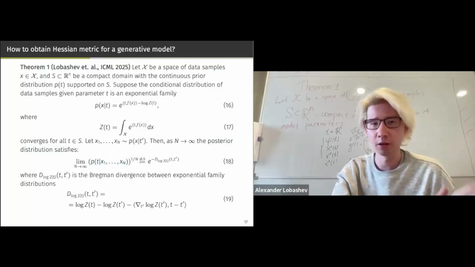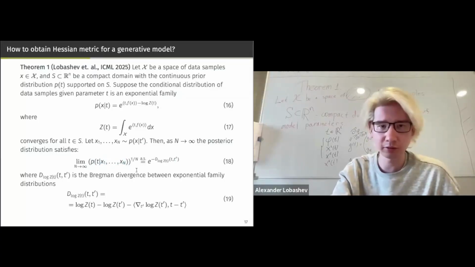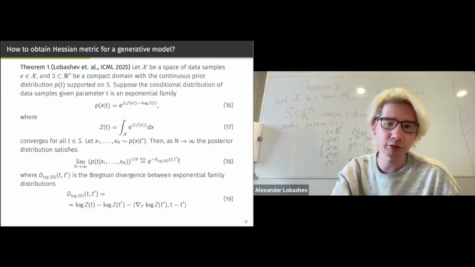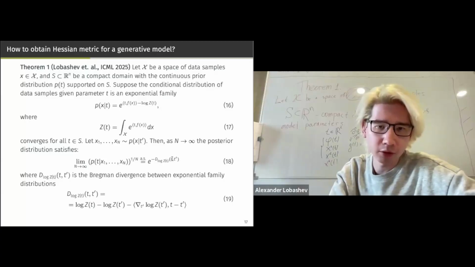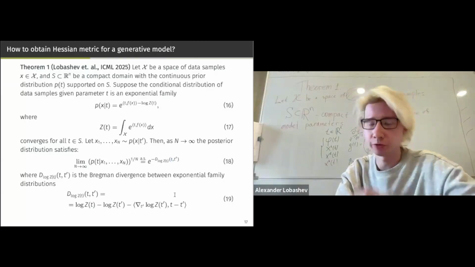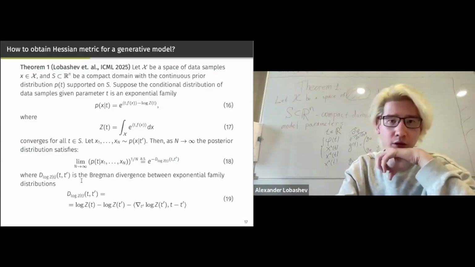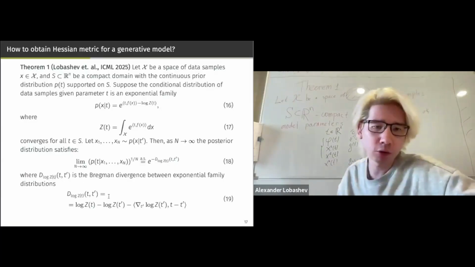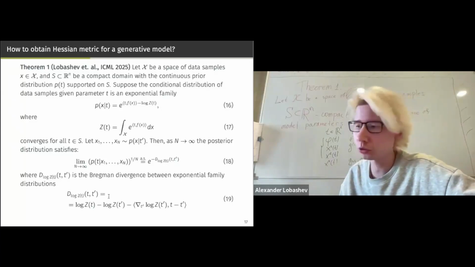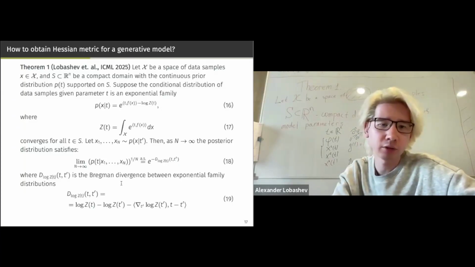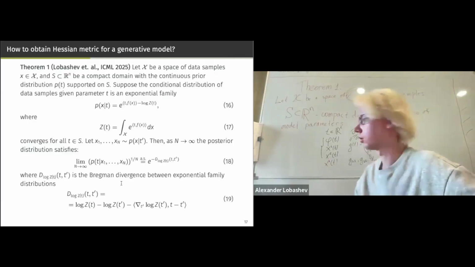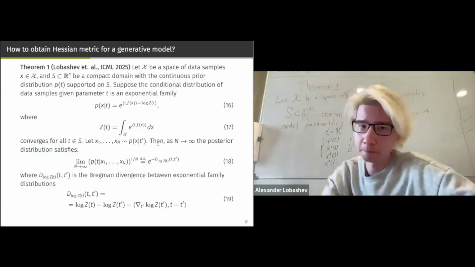And the theorem states that this density concentrates at those parameter values which have the minimal Bregman divergence. And actually, for exponential family distributions, Bregman divergence can be understood as the traditional Kullback-Leibler divergence.